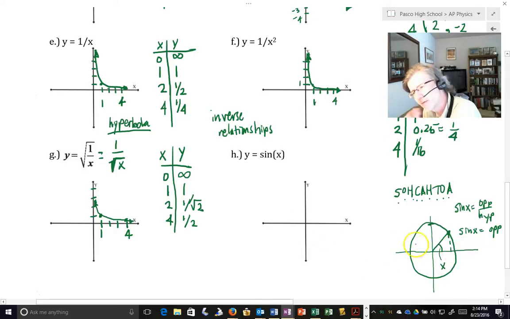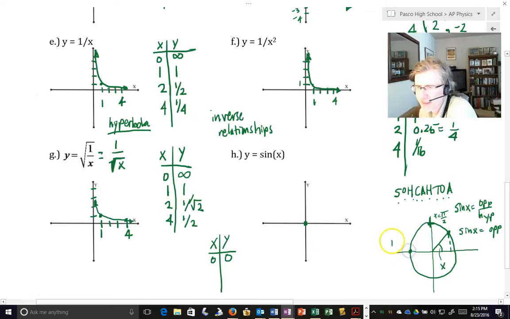So the cool thing is when the angle x is 0, so let's do our little table of x and y. When x is 0, y equals 0, so that's a point right here. I could plug in numbers, but we really like to talk about things like pi and pi over 2. So this angle right here is x equals pi over 2.